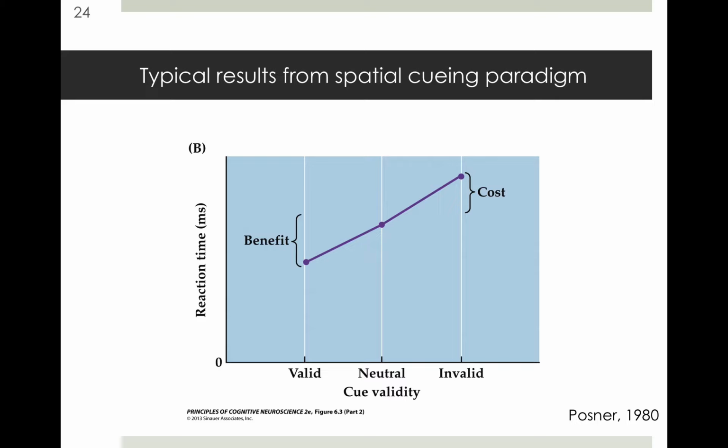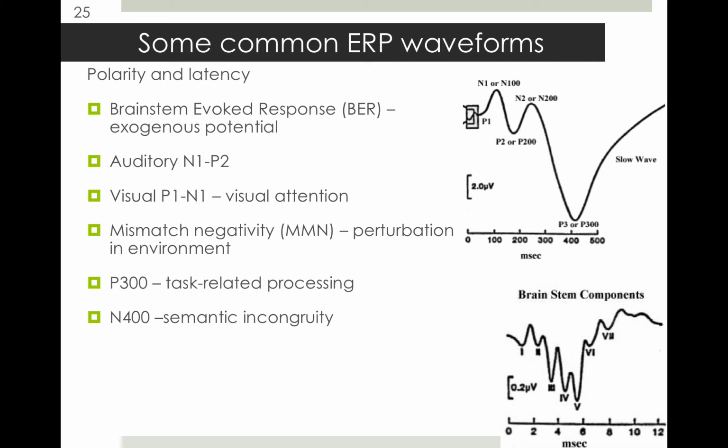Now, this is a very well-established paradigm, and people have looked not only at the behavioral reaction time and response to these paradigms, but also recorded many different event-related potentials. In general, we talk about event-related potentials as certain components of brain activity.